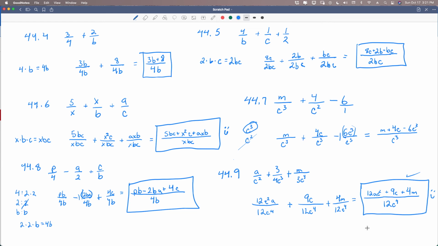So go back and look at these again. See if you can remember or see the steps that are in here. You have some basic steps. The first step is to find the least common multiple. That is going to equal your common denominator, right?